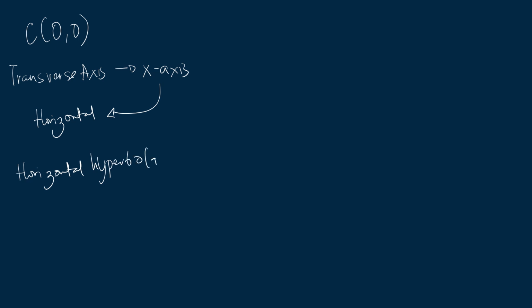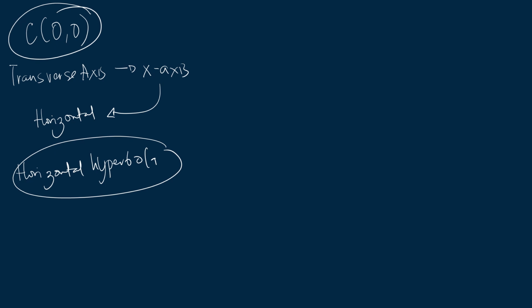So we already have the center and the orientation. We can now give the equation that we need: (x minus h) squared over a squared minus (y minus k) squared over b squared equal to 1. We already have the center, h and k, which is 0, 0, but we need to find the values of a squared and b squared.